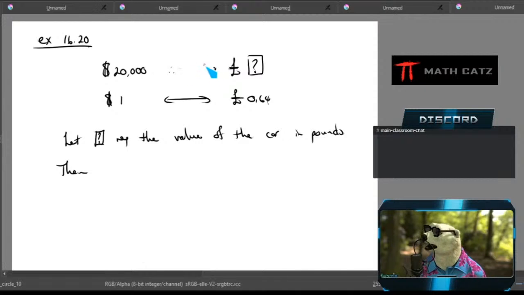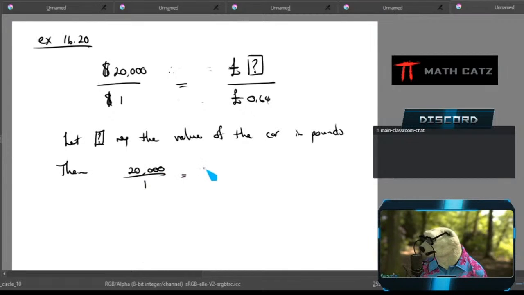Get rid of these arrows so it's not too cluttered. Make it a fraction, equal sign in between. So 20,000 over 1 equals question mark in a box over 0.64.